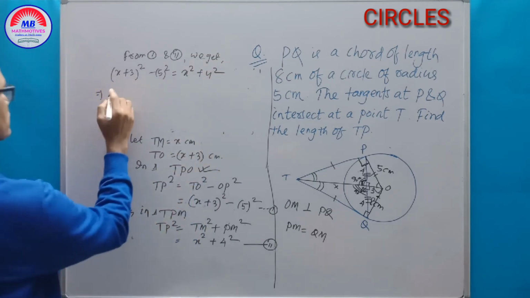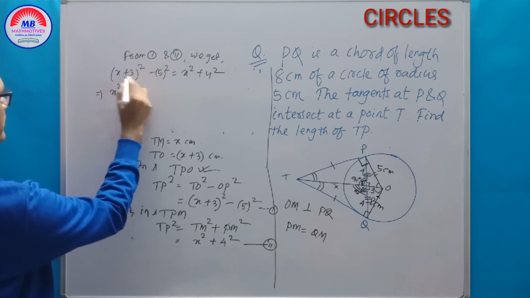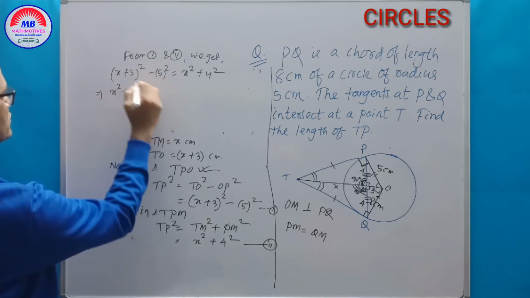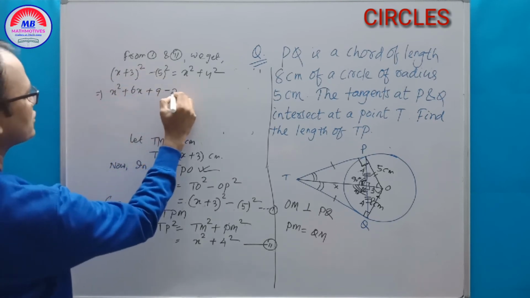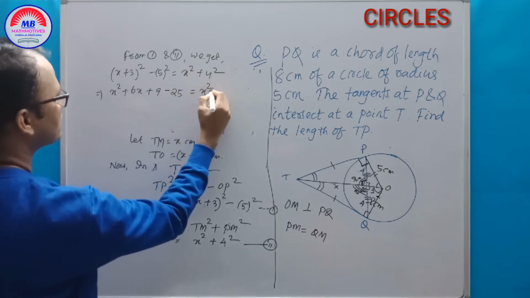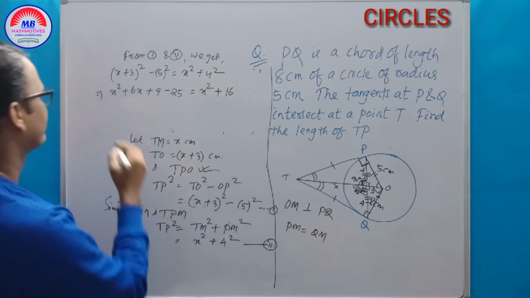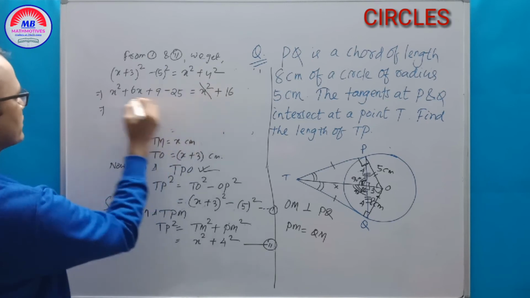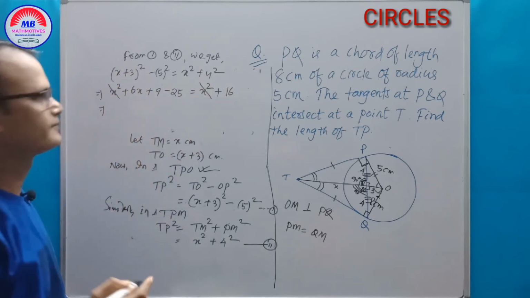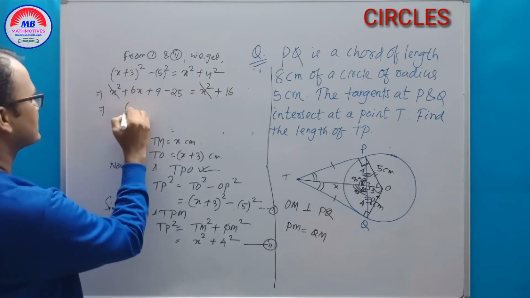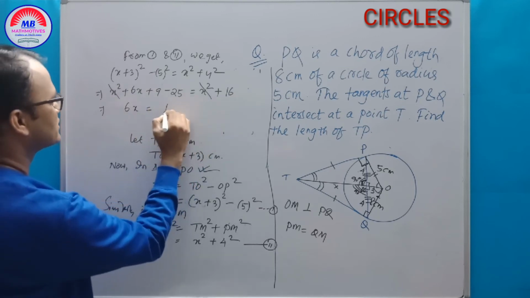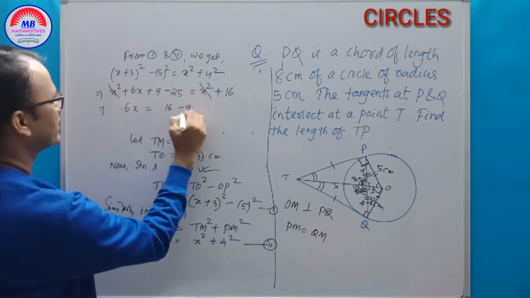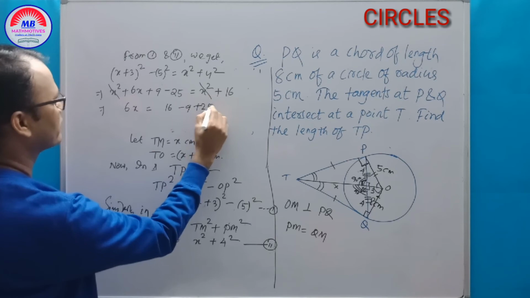That implies, by (a plus b) whole square, a square plus 2ab plus b square: x square plus 6x plus 9 minus 25 is equal to x square plus 16. That implies x square cancels both sides. You see, 6x is equal to 16 minus 9 plus 25.